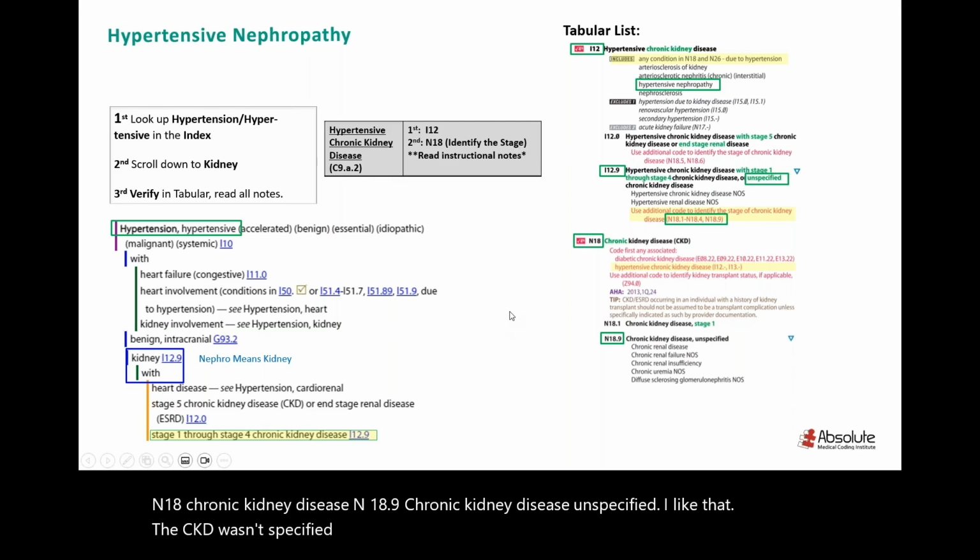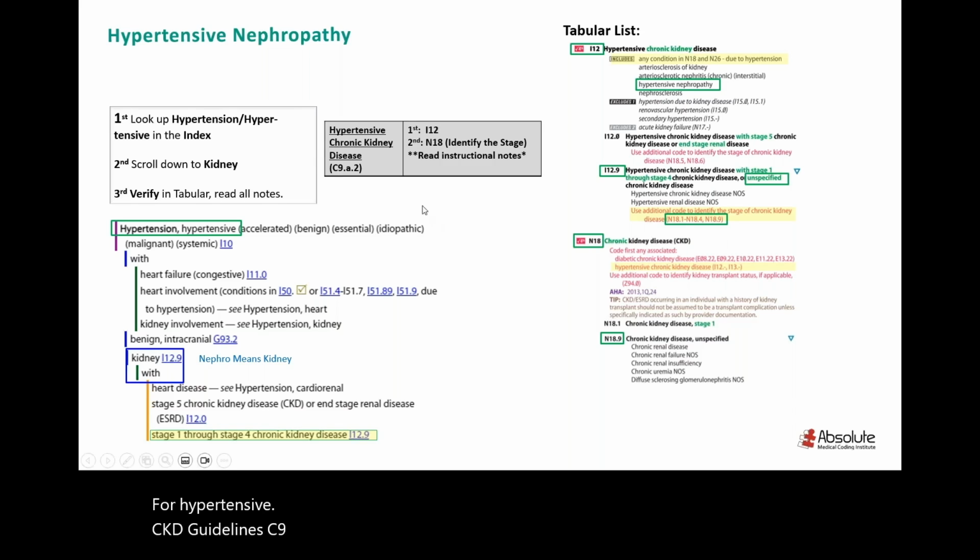So if you looked at the guideline for hypertensive CKD, guideline C9A2, you would sequence first your I12 code, followed by your N18.